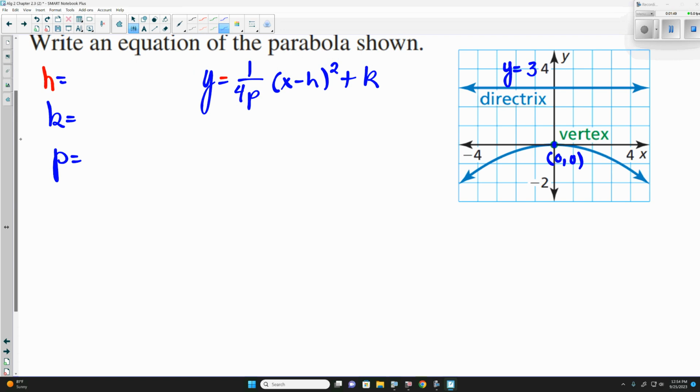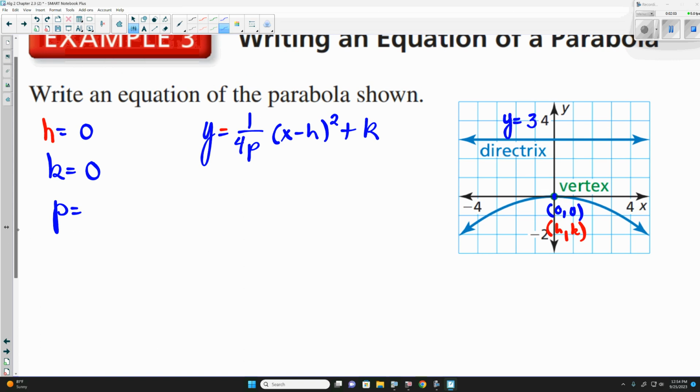Now the vertex is still in the general form, our point (h, k). For this one here, the h value is 0, and the k value is 0. So really the only thing we need to find at this point is the value of p. According to the general form, the directrix is y equals k minus p.